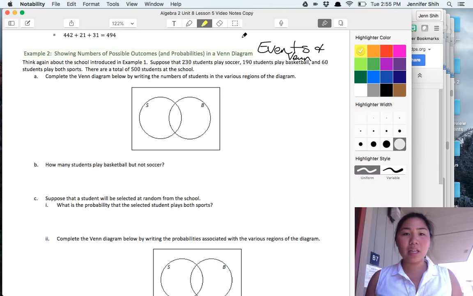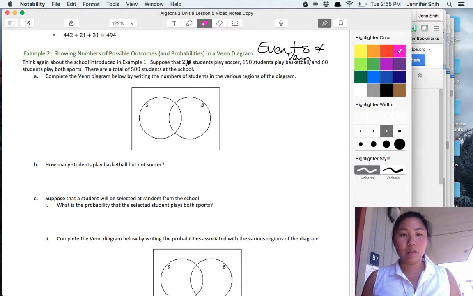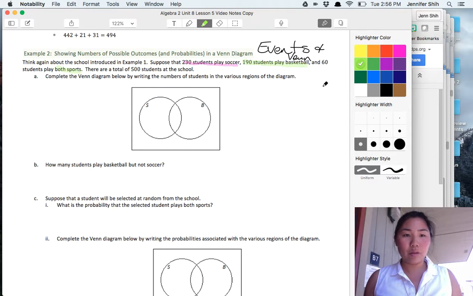Let me do some highlighting. Let's do pink. 230 play soccer. And then let's do this green. 190 play basketball. And then 60 are in both.